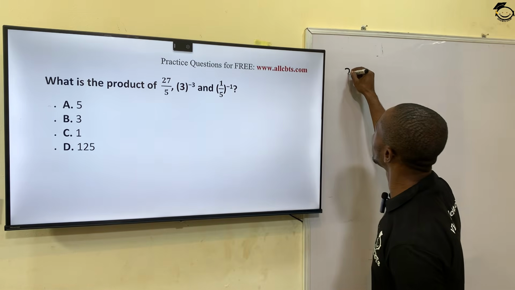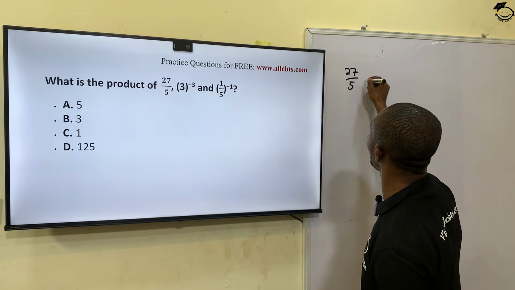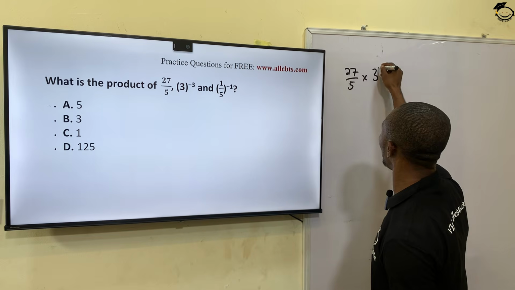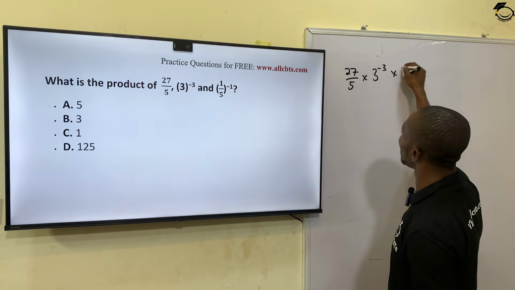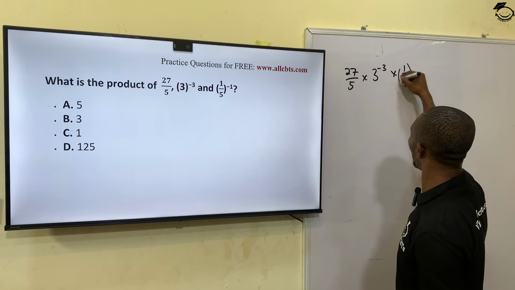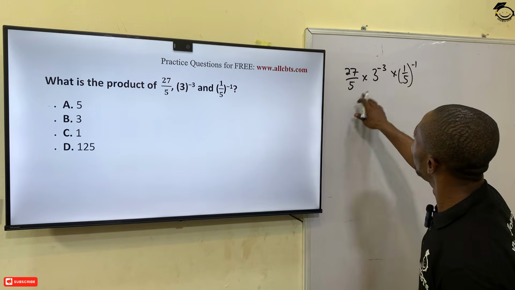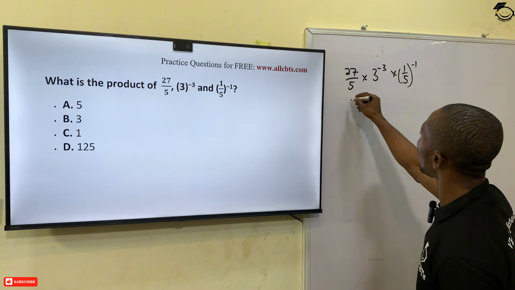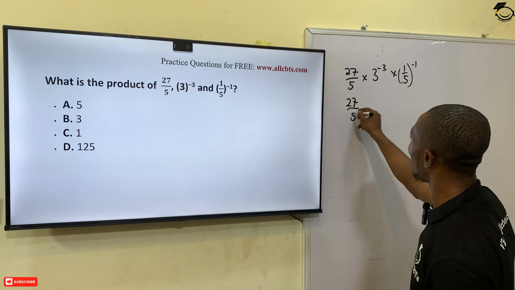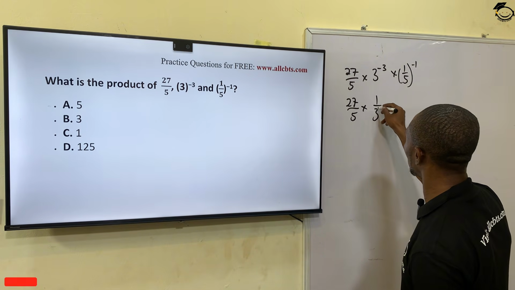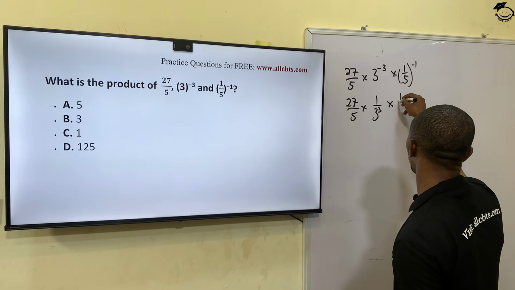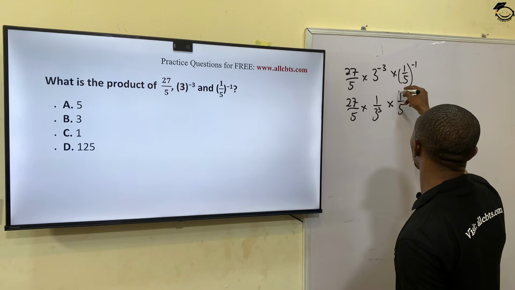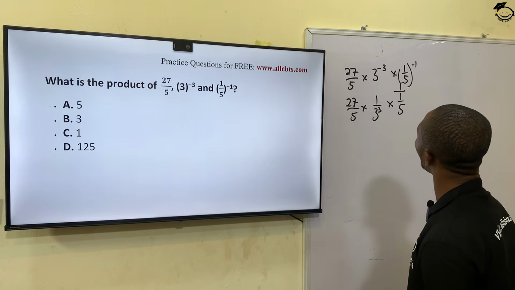Now, if we have 27 over 5 times 3 raised to the power minus 3 times 1 over 5 raised to the power minus 1. Now, applying our fractional index law here, we have it as 27 over 5 times 1 over 3 raised to the power 3 times 1 over 5 times 1 over 5.